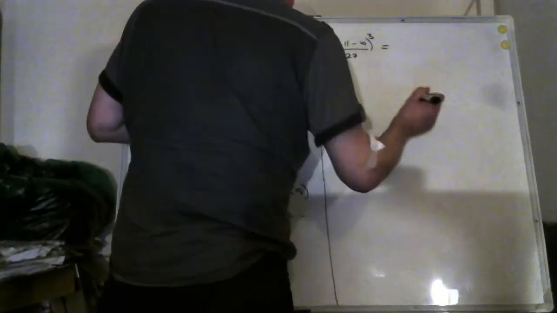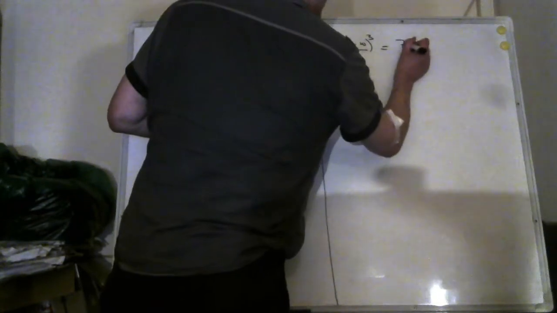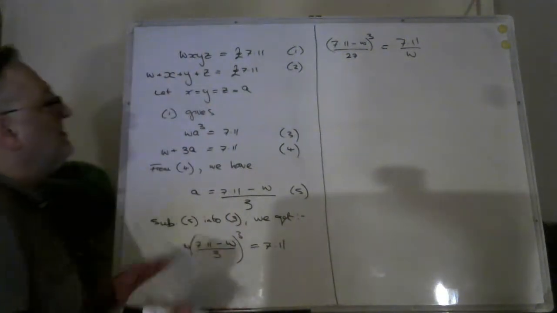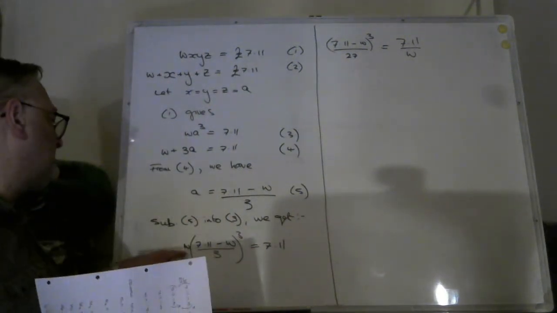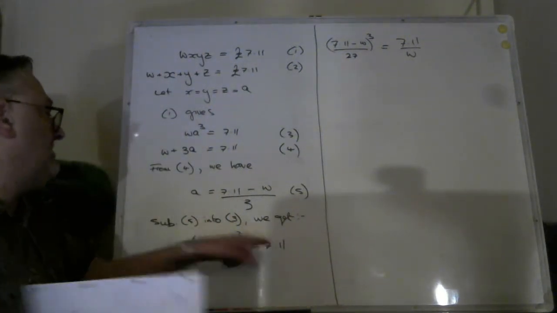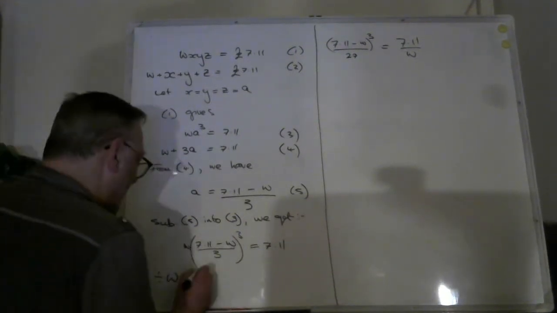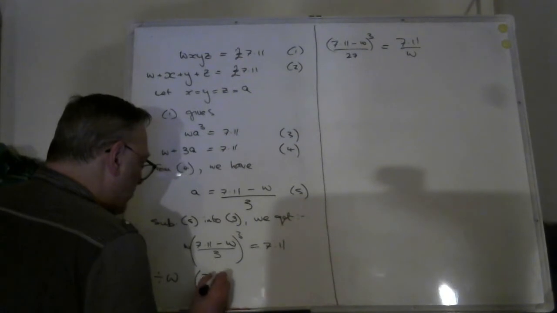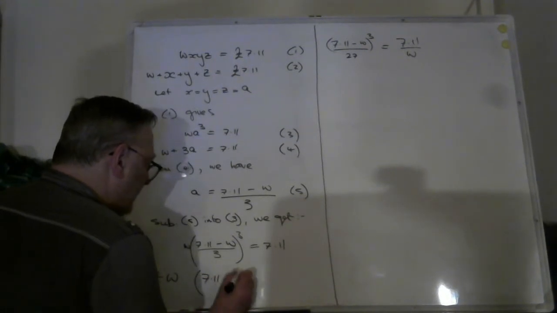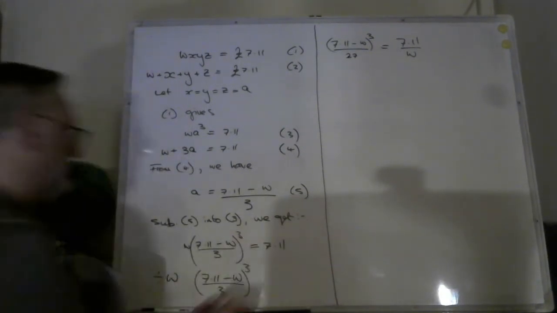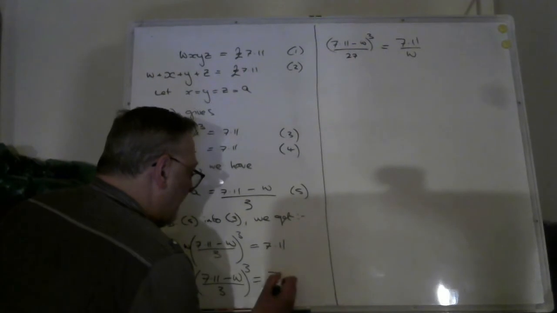So we've got equal to 7.11 over W. Right? So dividing both sides by W first, we get (7.11 minus W over 3) all cubed, and that's equal to 7.11 over W.